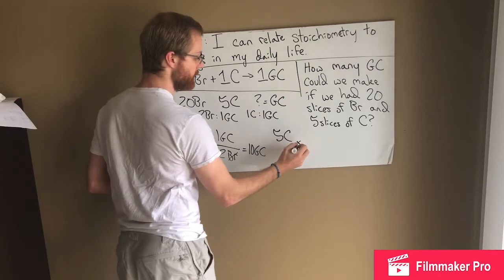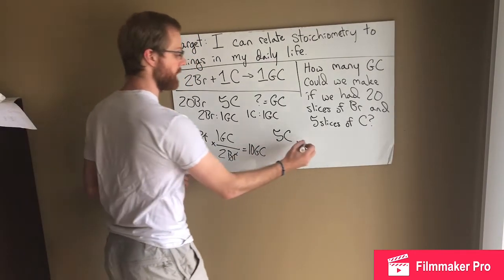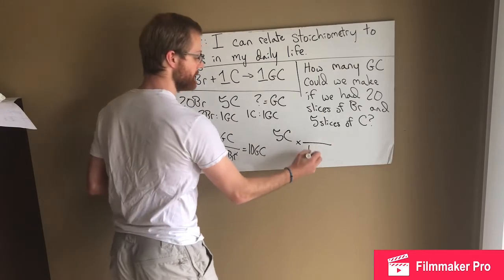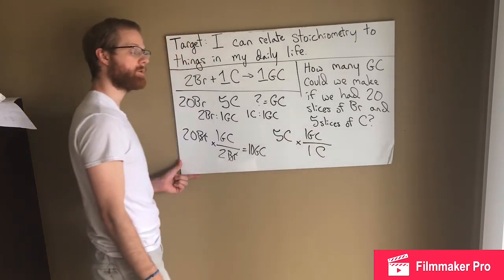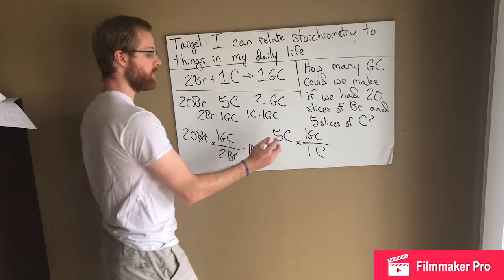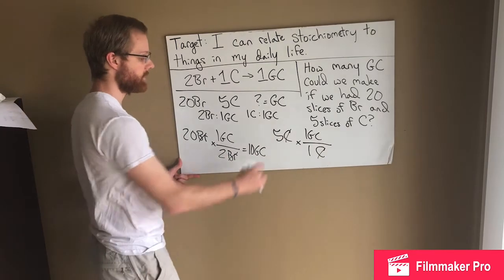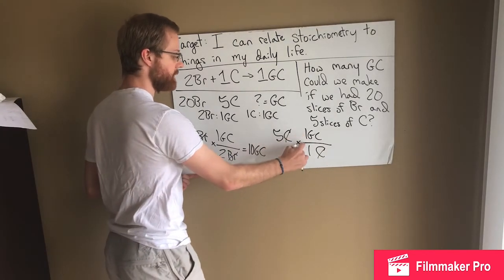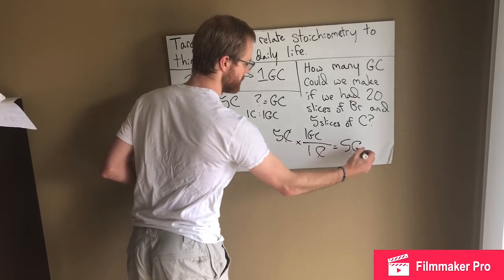So what I can do is I can once again multiply by my conversion factor. 1 slice of cheese is equivalent to 1 grilled cheese sandwich. So I put my cheese on the bottom so that the slices of cheese cancel out. 5 times 1 divided by 1 equals 5 grilled cheese.